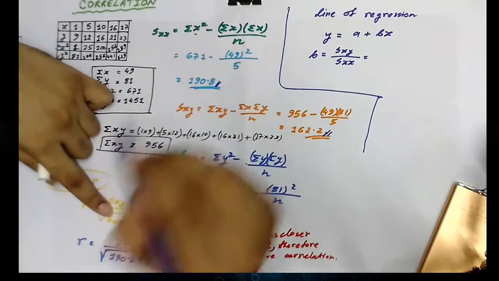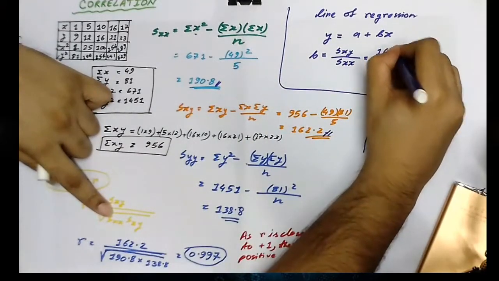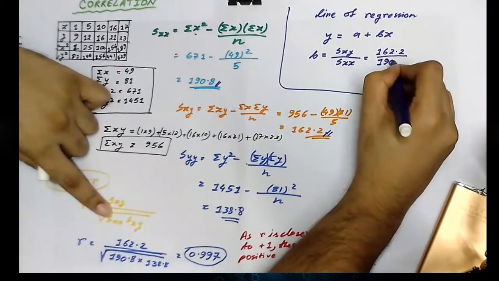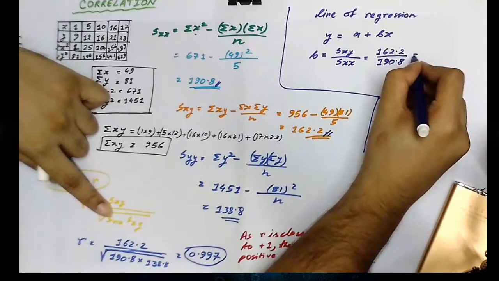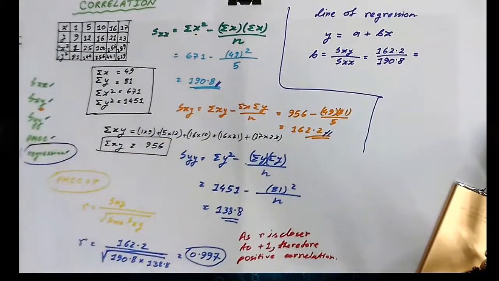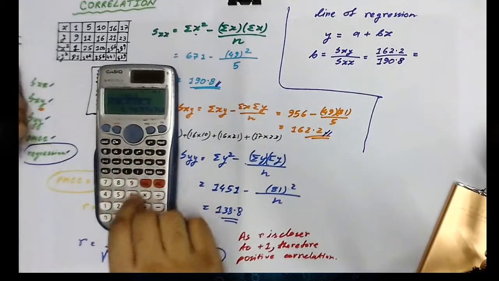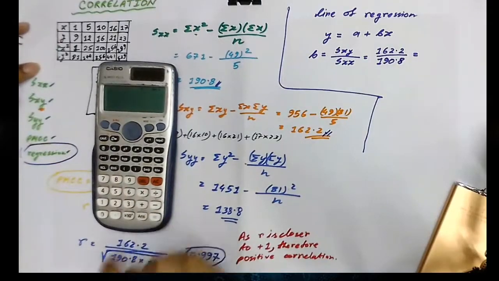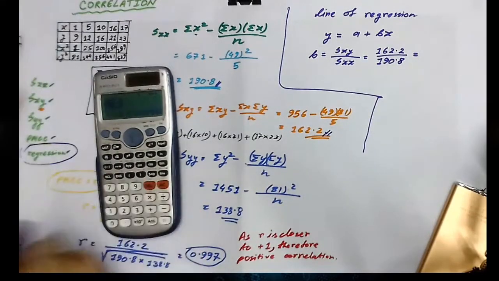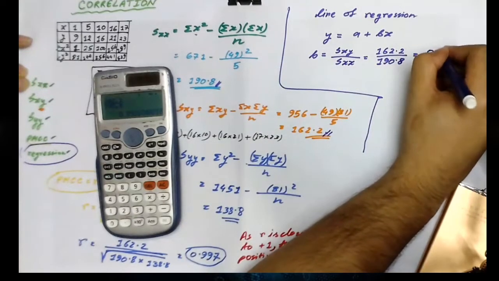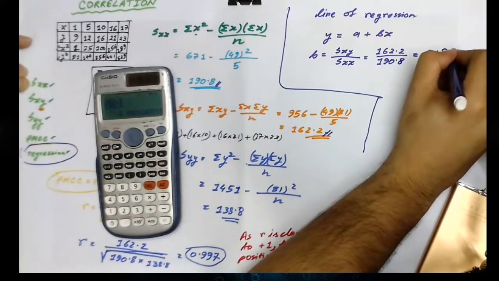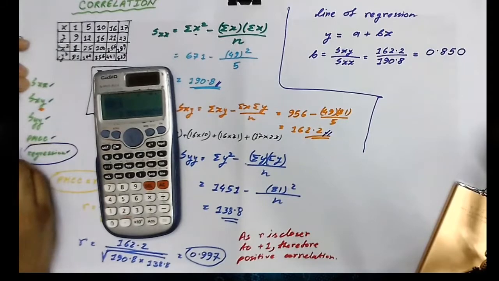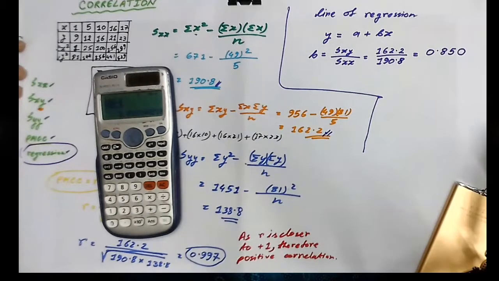So Sxy by Sxx, according to our calculator, the answer for b is 0.850 to three significant figures.